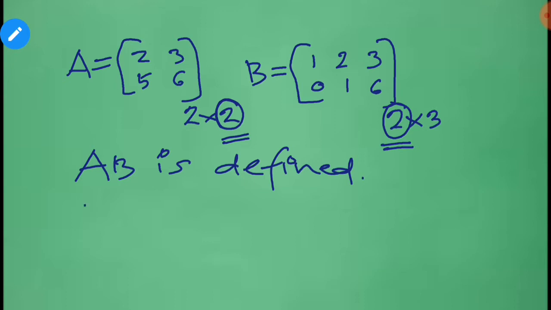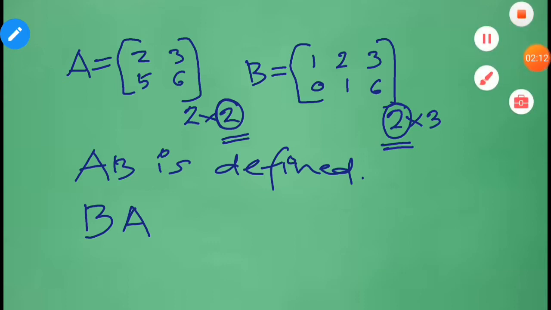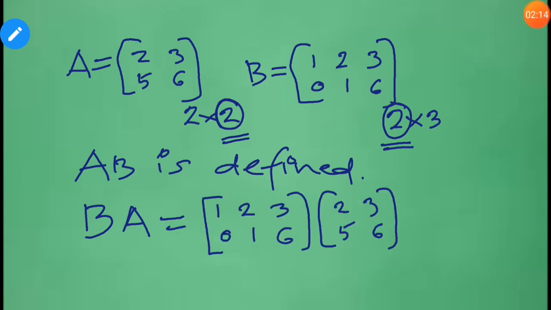What about BA? BA is defined if the number of columns of B is equal to the number of rows of A. BA equals matrix 1, 2, 3, 0, 1, 6 times matrix 2, 3, 5, 6. Here the order of B is 2 by 3 and the order of A is 2 by 2.